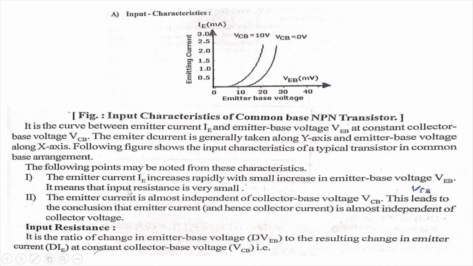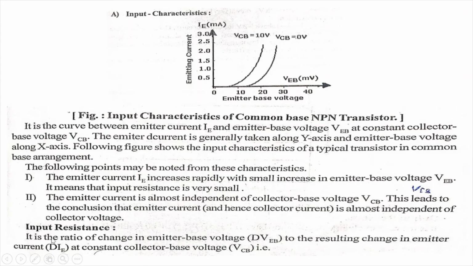It means that input resistance is very small. The emitter current is almost independent of collector base voltage VCB. This leads to the conclusion that emitter current and hence collector current is almost independent of collector voltage.